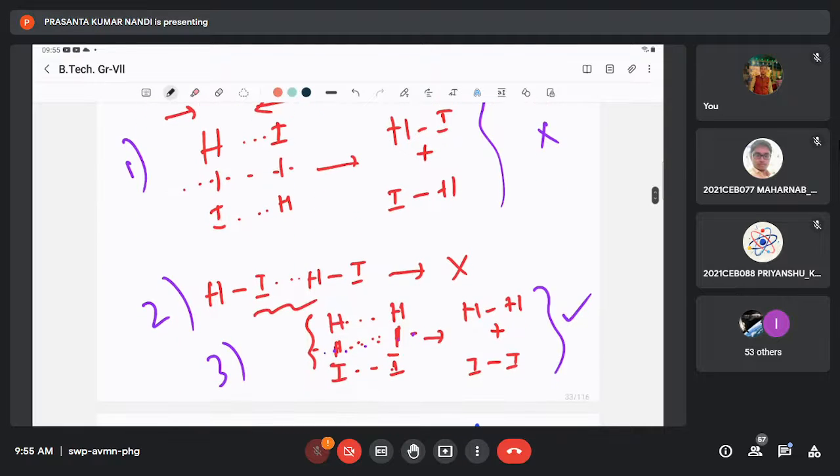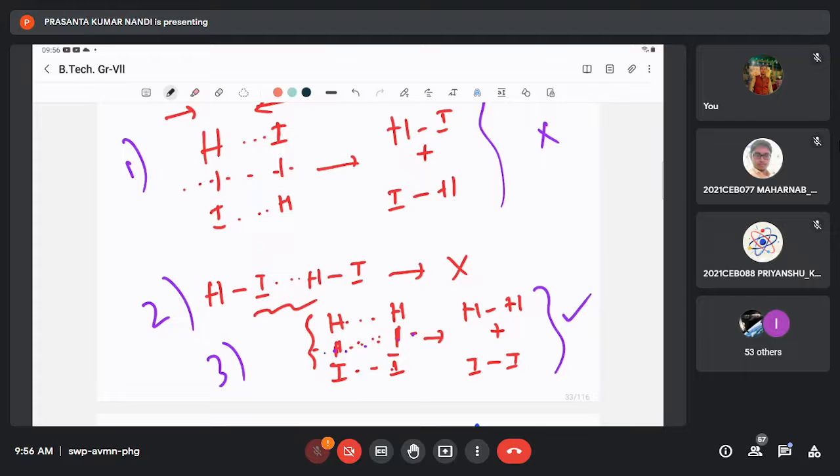But let us consider the second possible way. This is also not the desired orientation of collision. Now the third one: if the two HI molecules align like this, then naturally the HI bonds will be ruptured and two new bonds, HH and II, will be formed in this close proximity, and we can get the desired product.